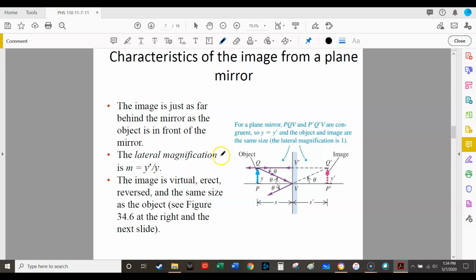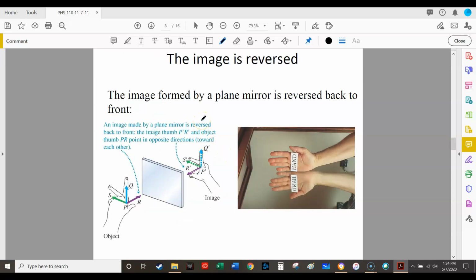Okay. The other cool thing is that this image is going to be reversed. If you're standing here looking at the mirror, what the mirror does is take this perspective pointing towards the mirror and reverse it to be pointing in the opposite direction. That's why a lot of people will say it shifts left to right.